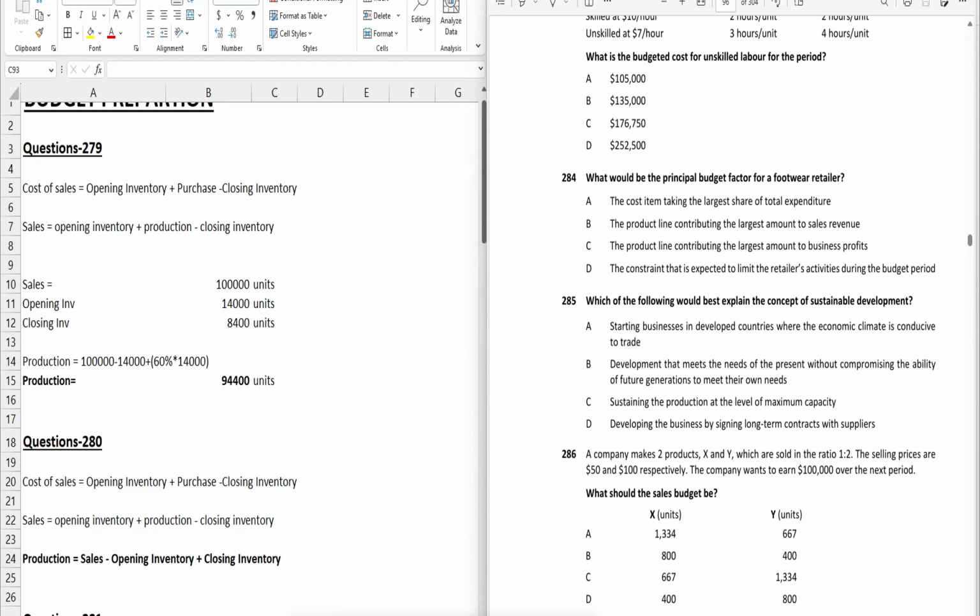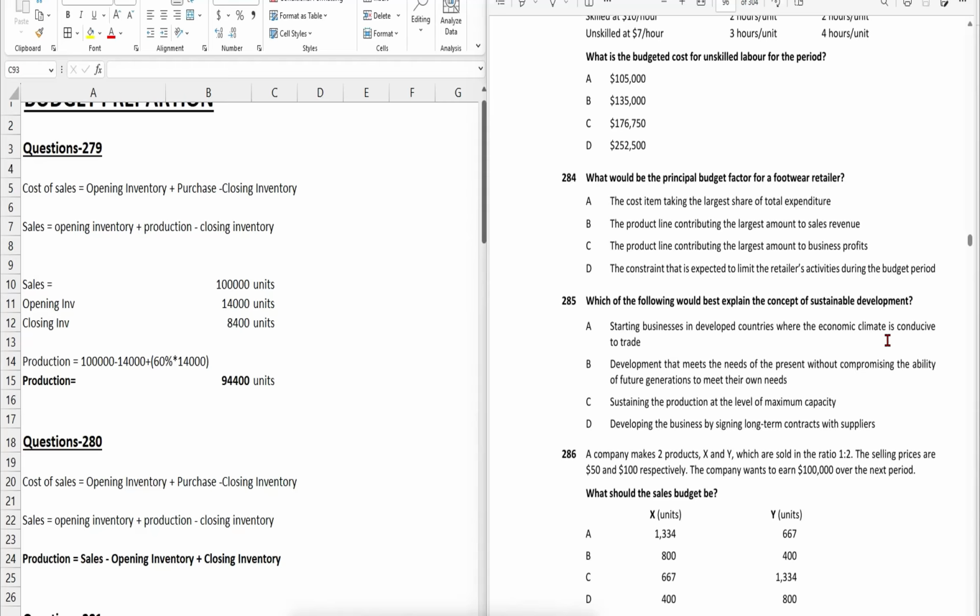And if you look at option A, it says starting a business in a developed country where the economic climate is conducive to trade. So this statement is only indicating a business strategy, and that also in a developed market.